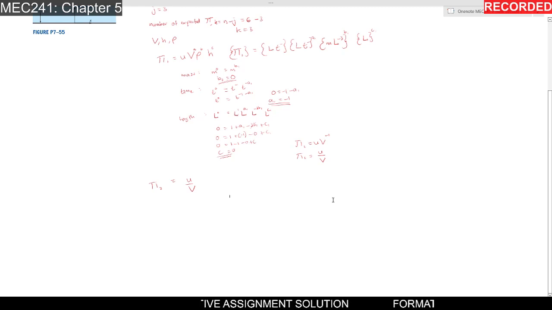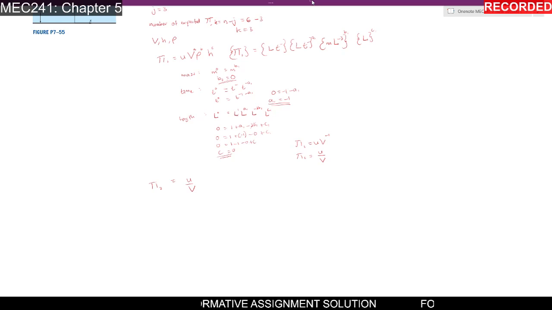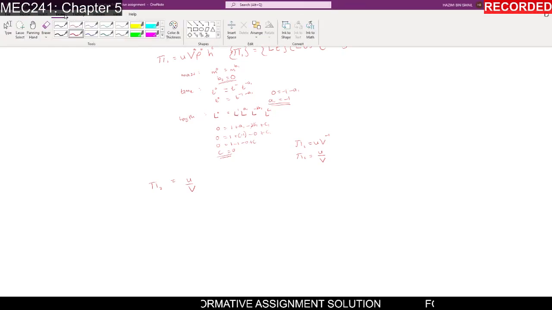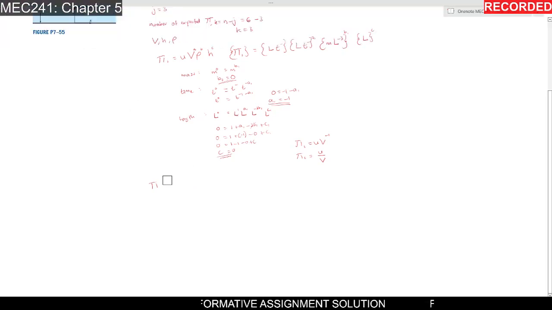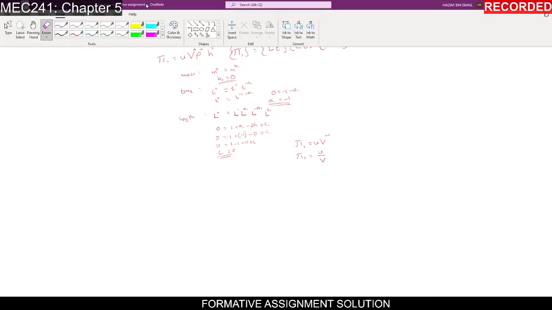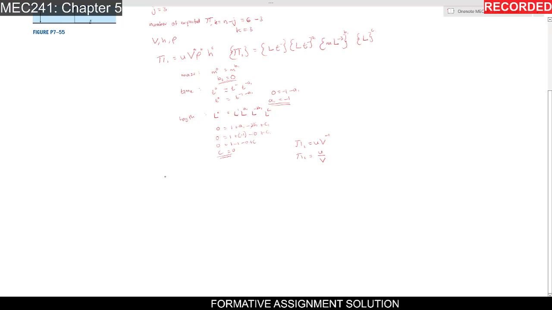So now we are going to the second pi here. So our pi 1 now, I use the blue one.